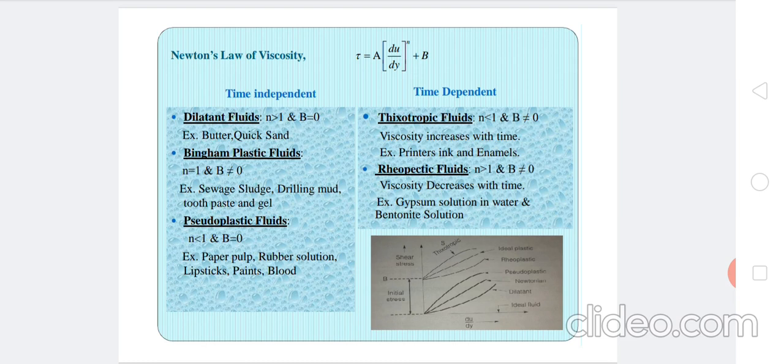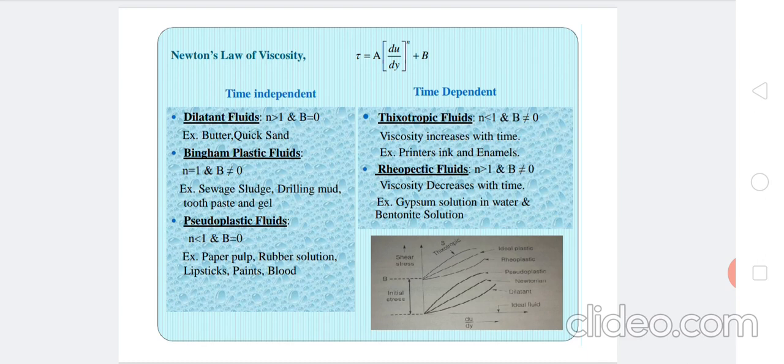Example, butter, quicksand. Bingham plastic fluid: n equals 1 and B not equal to 0. Examples of Bingham plastic fluid: sewage sludge, drilling mud, toothpaste and gel. And pseudoplastic fluid, examples: paper pulp, rubber solution, lipsticks, paints, blood.